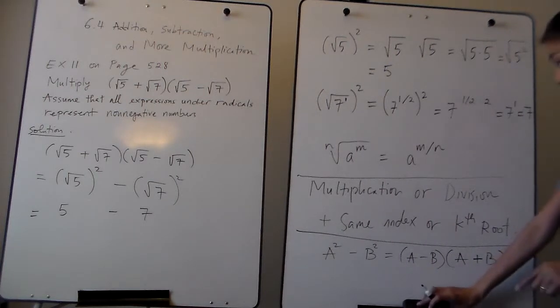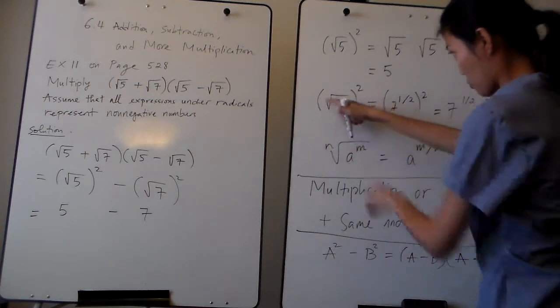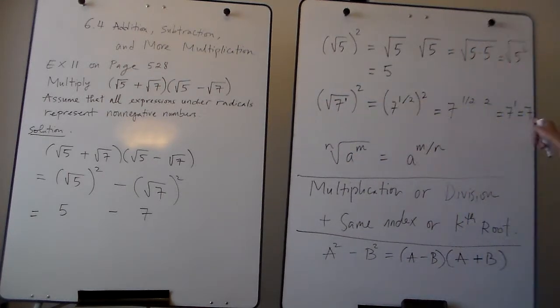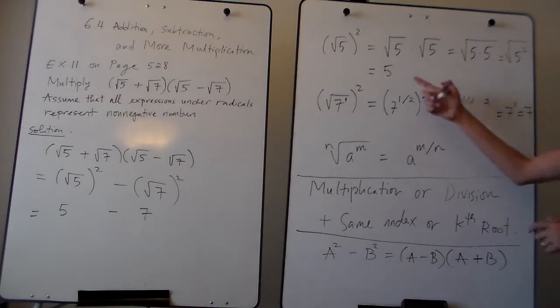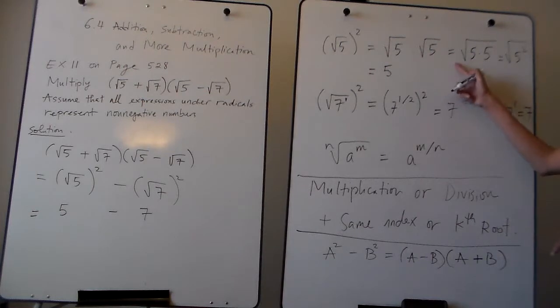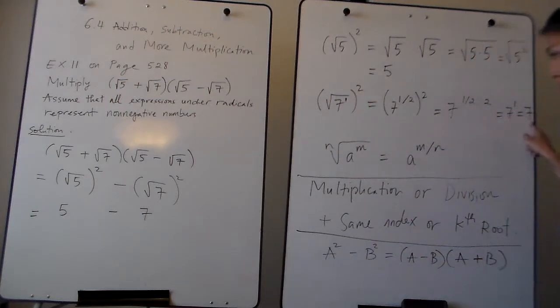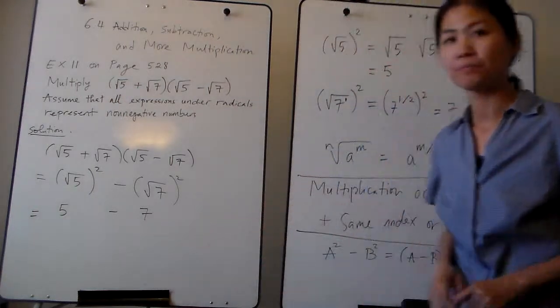That means when you take the square root of 7 and raise it to the second power, it equals 7. Either you can see it straightforwardly and get the answer, or if you don't see it, work it out either way. So square root of 7 squared gives you 7, which is why I have 7 here.